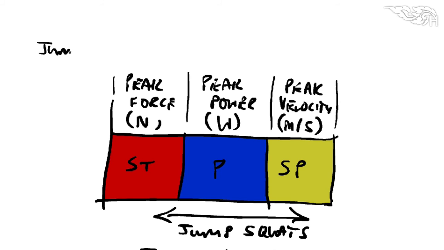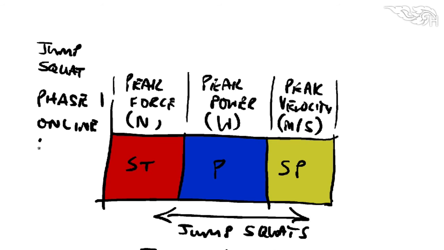So if we take the jump squat example that I have in phase 1 of my online program, although that jump squat's being used throughout the whole cycle, I choose a load to develop power that's appropriate to the block that we're training in. So I'm looking for peak force from the jump squat in the strength block, and that would be at about 40 to 50% of your back squat 1 rep max.